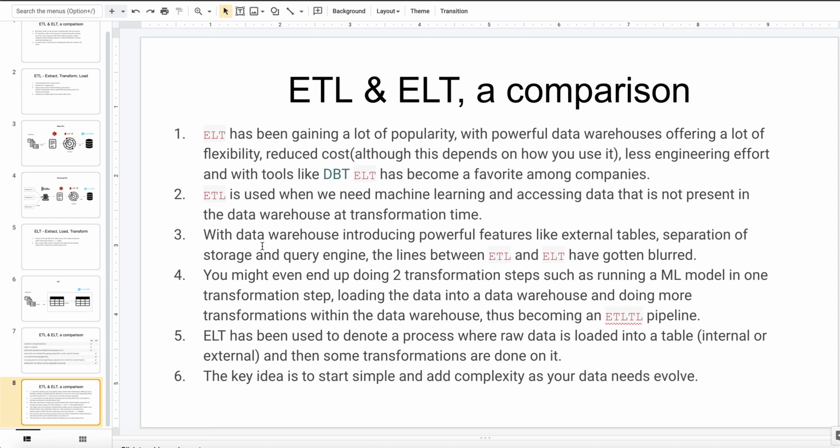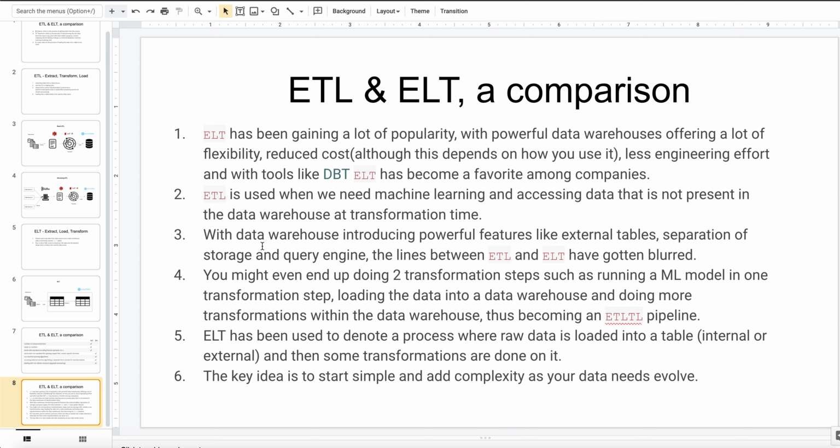So you can actually store your data in S3 or cloud storage, and you can write queries on top of the data in S3. This makes storage much cheaper, and for processing, you're only charged for the data you scan. With ELT you have fewer components to manage, and it's less engineering effort, and that's why ELT has been really popular recently.